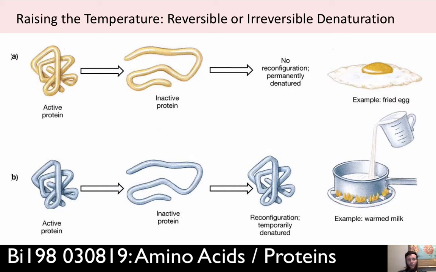Maybe the open chain protein, the denatured protein, interacts with other denatured proteins around it to cross-link themselves, and they're not able to reform into the tertiary structure that they started with. So this is what happens in frying an egg, for example.